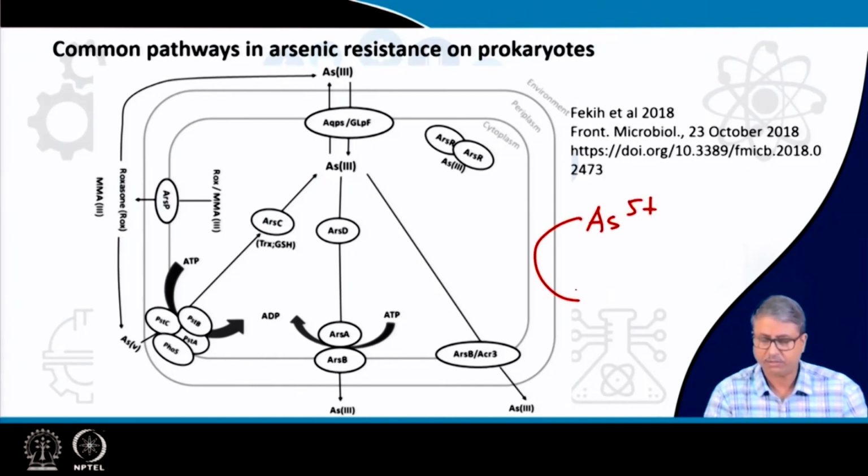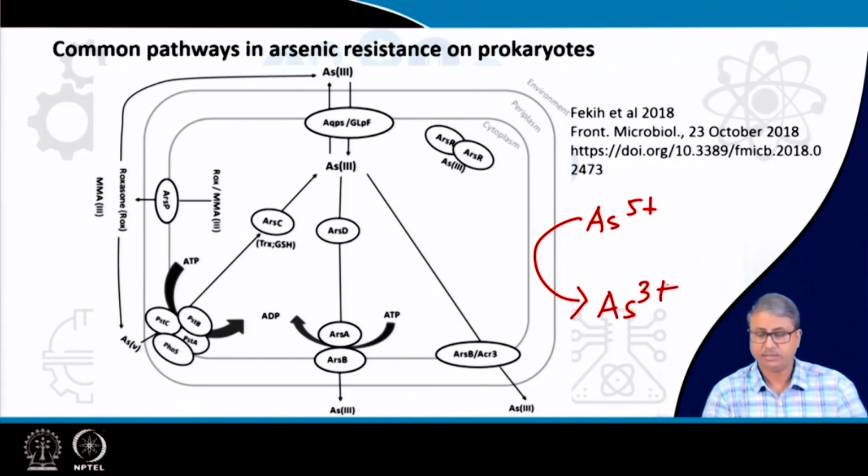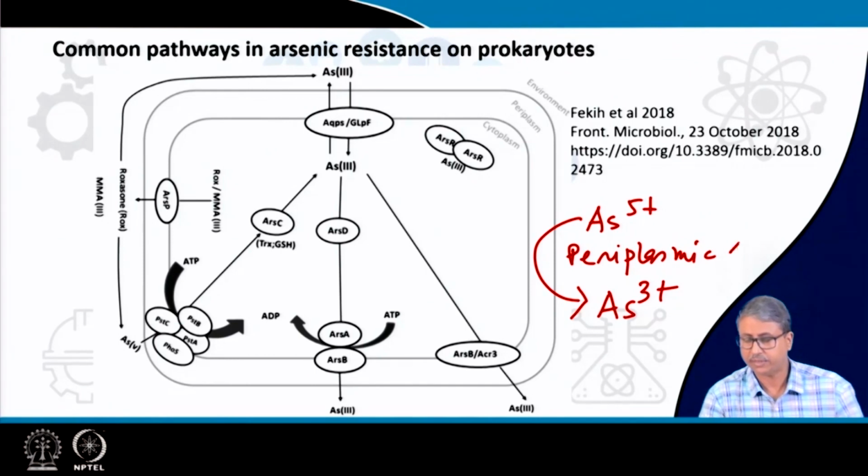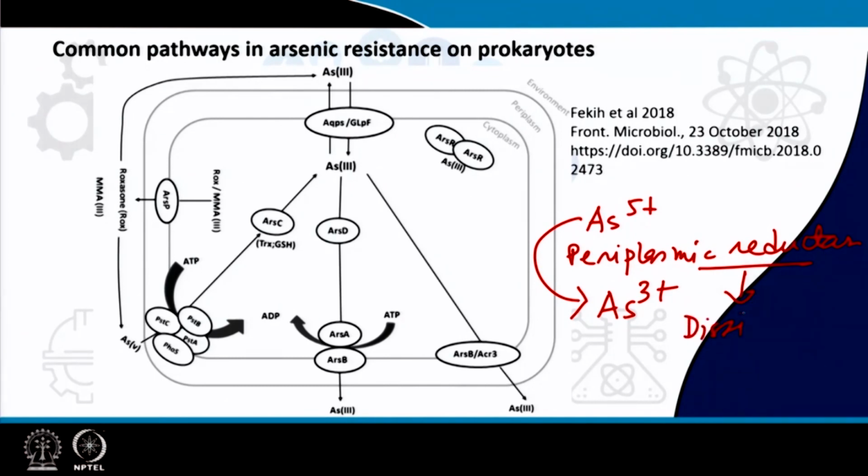can be reduced to arsenic 3 plus by what you call a periplasmic reductase, which is often connected to the dissimilatory process also.